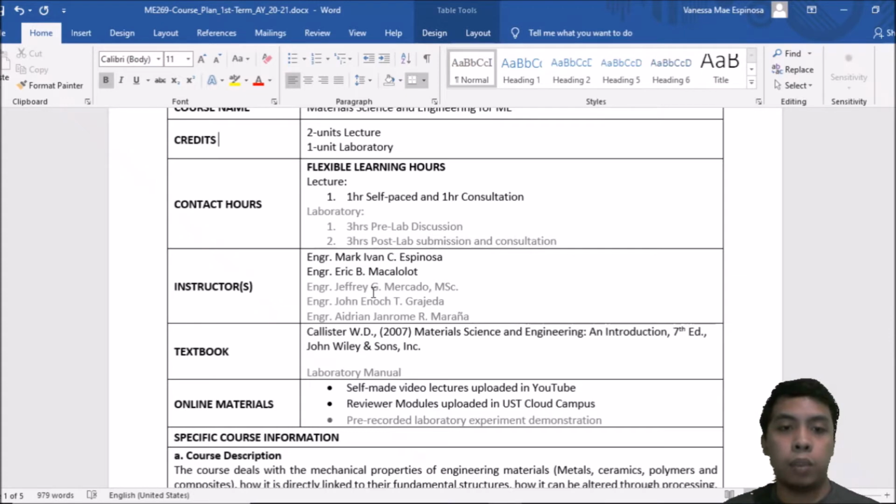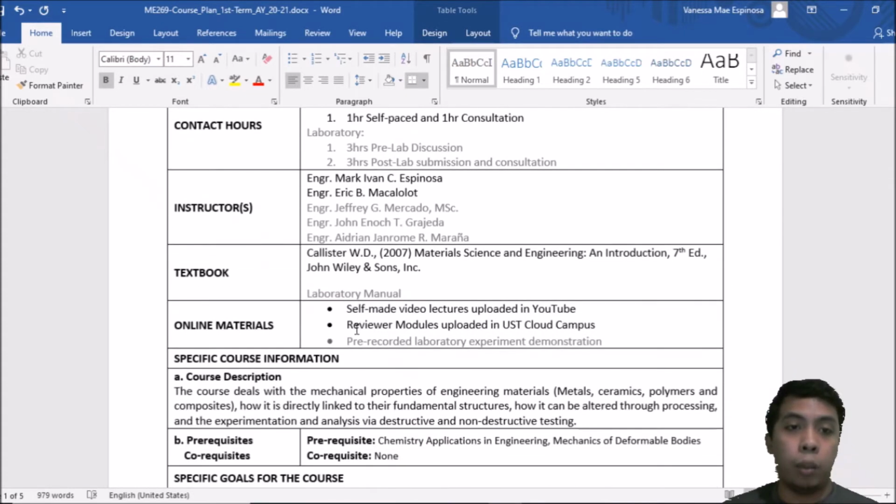For the textbook, what I recommend, since this is what I used in my lessons, is the author William D. Callister, and the title of his book is Material Science and Engineering, An Introduction. It is the 7th edition, published 2007.